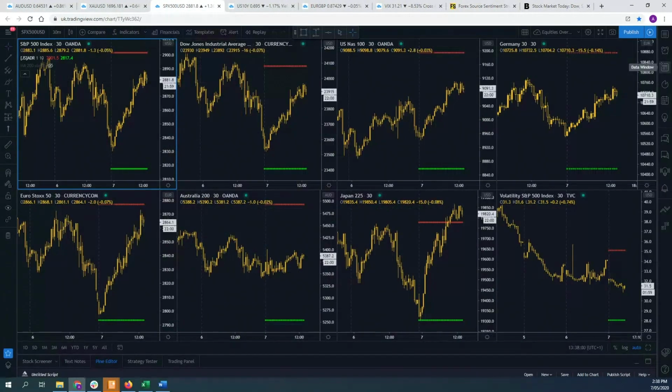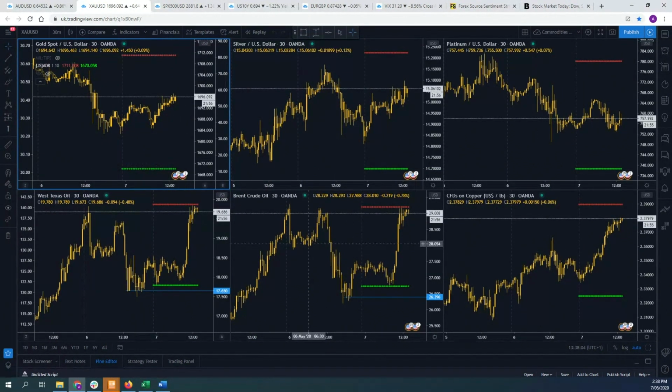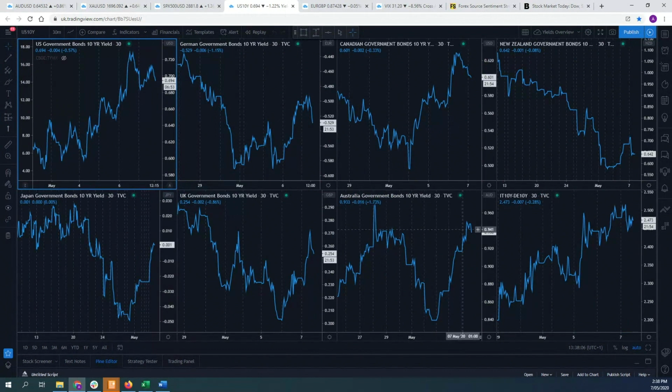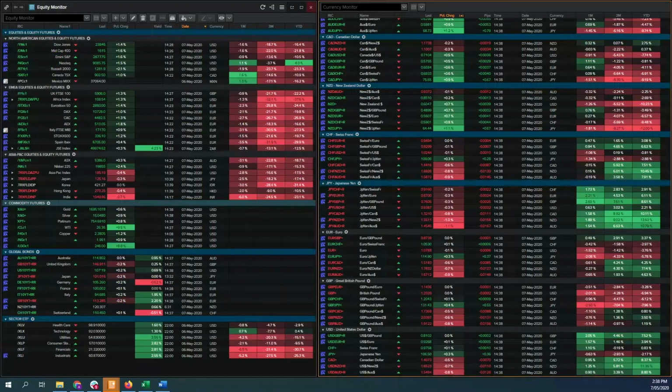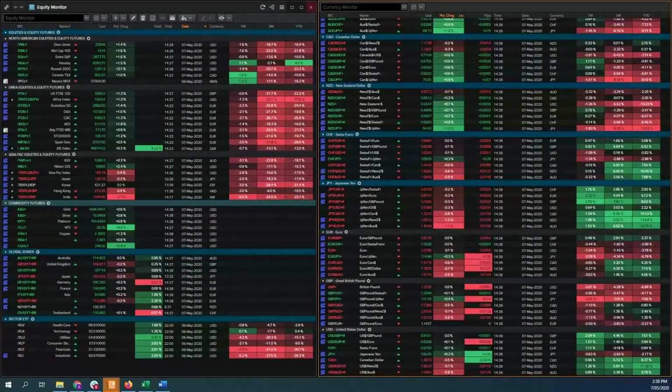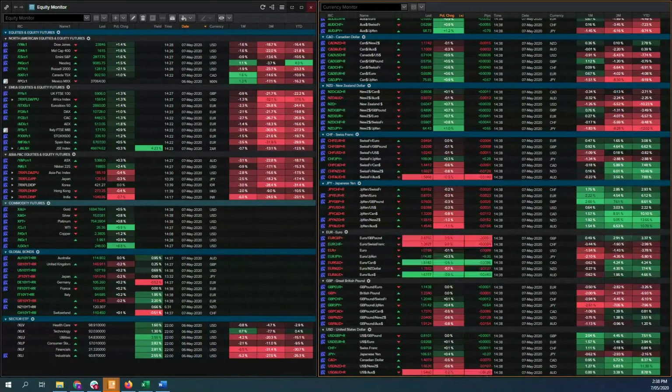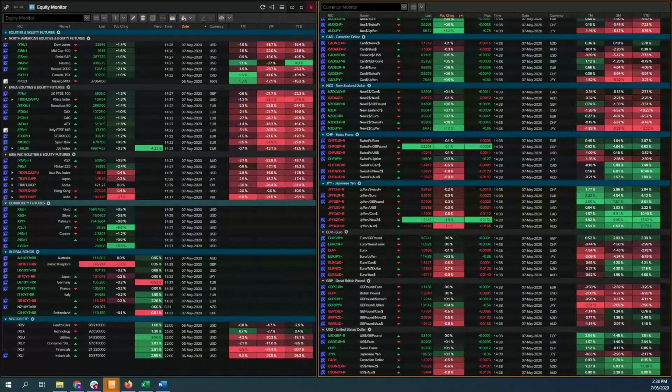So make sure that you are analyzing equities across the board, making sure that you're analyzing commodities across the board, fixed income, also obviously the currency space, making sure that you're in tune with everything that is moving the markets right now. And this will allow you to catch wind of any potential opportunities that you can capitalize on based on cross-asset flow.